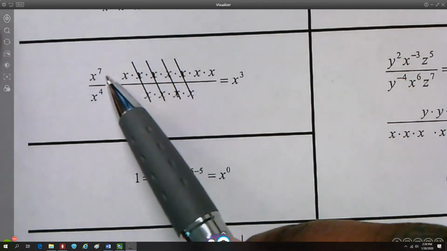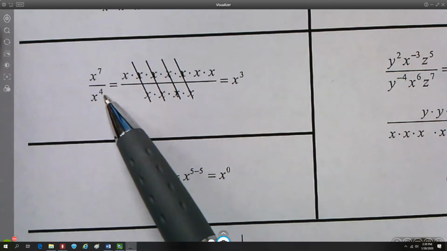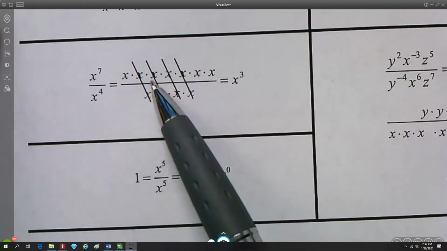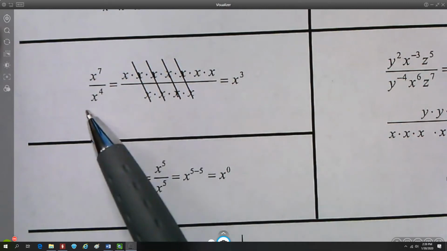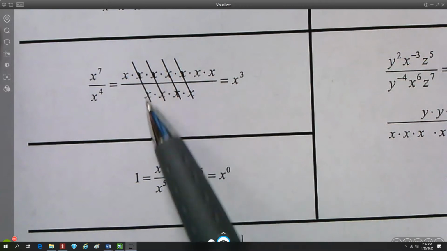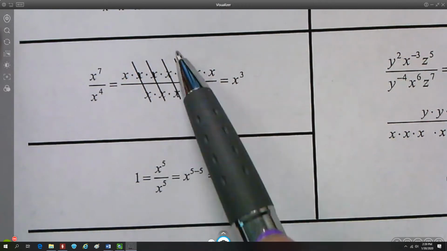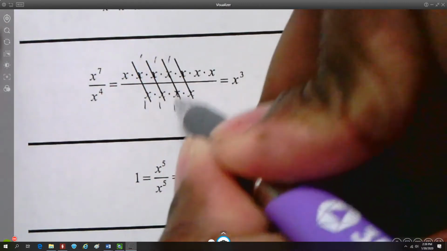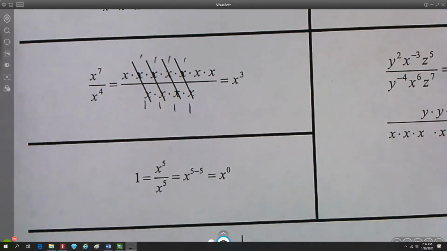If I gave you x to the seventh divided by x to the fourth, x to the seventh expands to be x times x times x times x, 7 times. X to the fourth expands to be x times x, 4 times. You notice these x's cancel out. Each one reduces to be 1 over 1. So when you cancel a number over itself, it leaves you with 1.